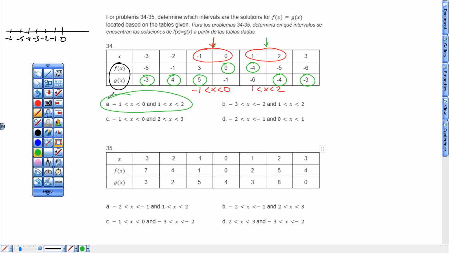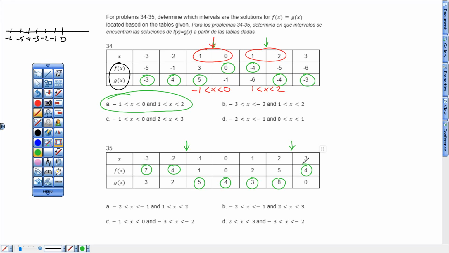This one has the top number of these two is bigger. So 7 is bigger than 3. 4 is bigger than 2. But then right here, there's my first switch. Now my bottom number is bigger. As I keep going, my bottom number is bigger. Then right here, my last switch, now this top number is bigger.